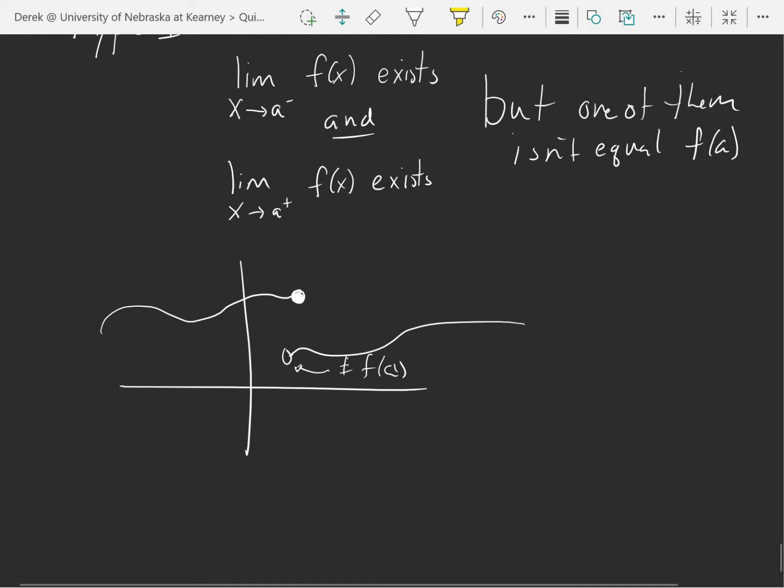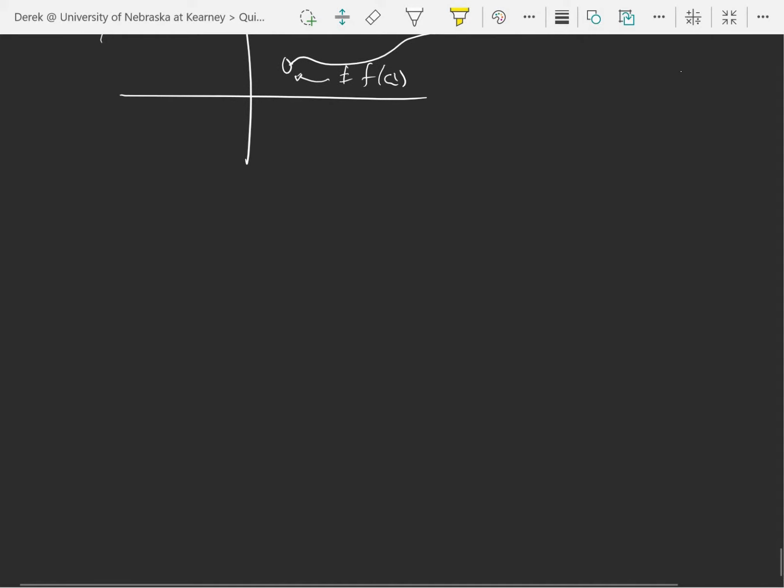That type of thing. Type 2, this is the more pathological one, and it's the type that's a little more difficult to work with. So I'm going to call this one very discontinuous.